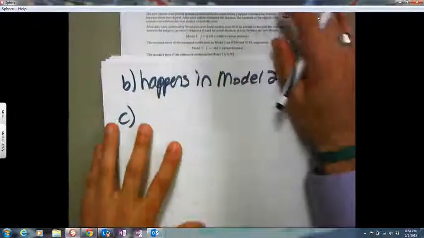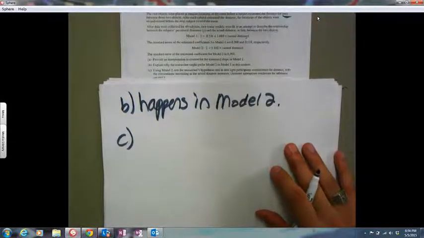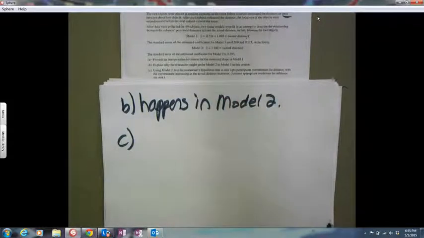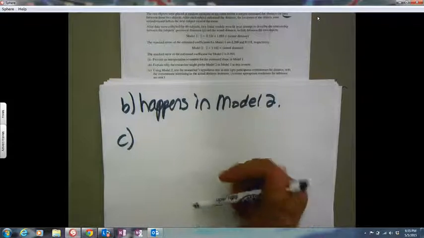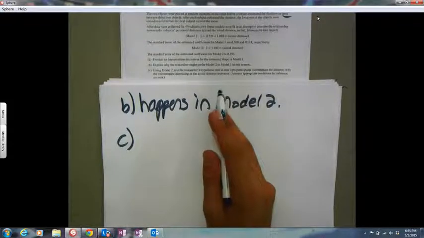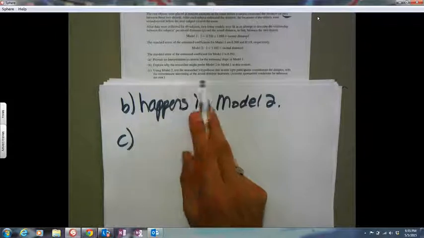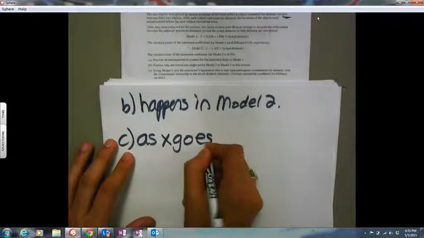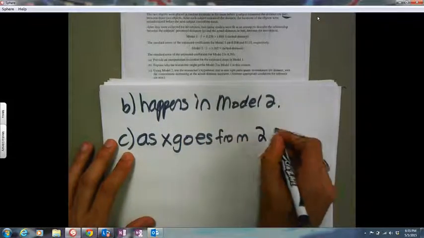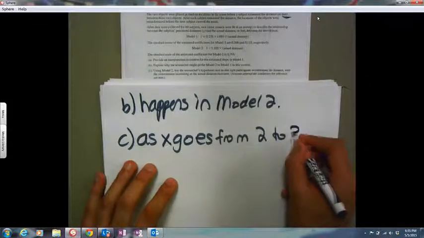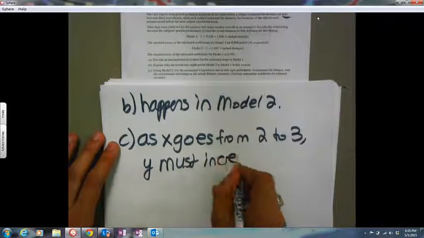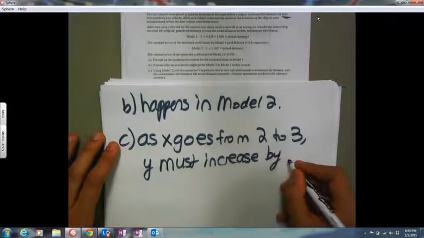Alright, C. Using Model 2, test the researcher's hypothesis that in dim light, participants overestimate the distance, with the overestimate increasing as the actual distance increases. So, if the overestimate increases as distance increases, that means as x goes from 2 to 3, y must increase by more than 1, right?